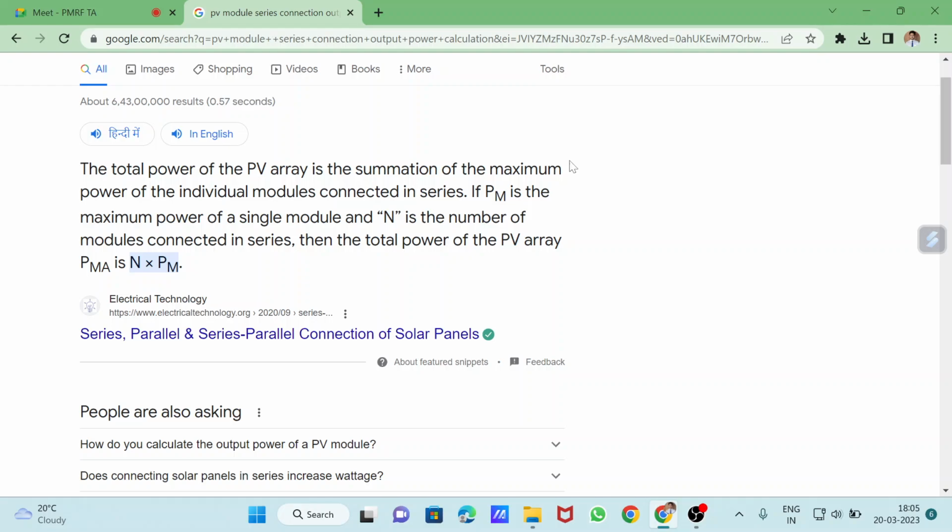If Pm is the maximum power of a single module and N modules are connected in series, then the total power of the PV array is Pm into N, how many times this number. It is a simple calculation. You can sum up the power if the individual module has a rated power.